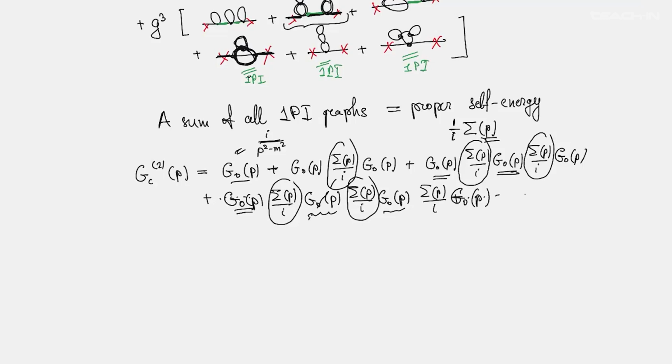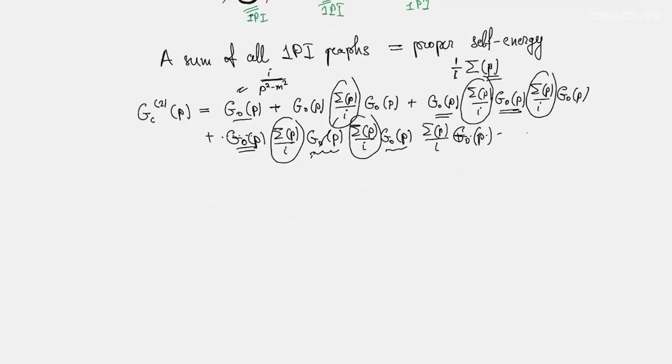Because that series you can sum up in a very easy way. So you take away G0 of P on the momentum, and then you have 1 plus sigma of P over i, G0 of P, plus sigma of P over i, G0 of P, sigma of P over i, G0 of P, and then you see what you get.